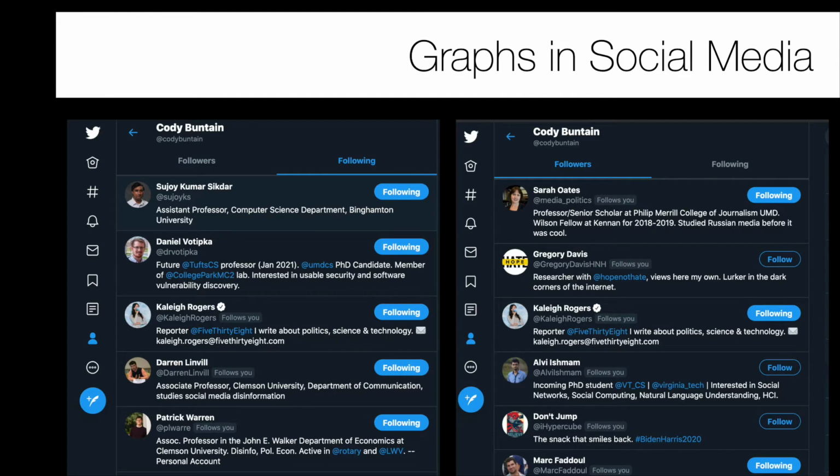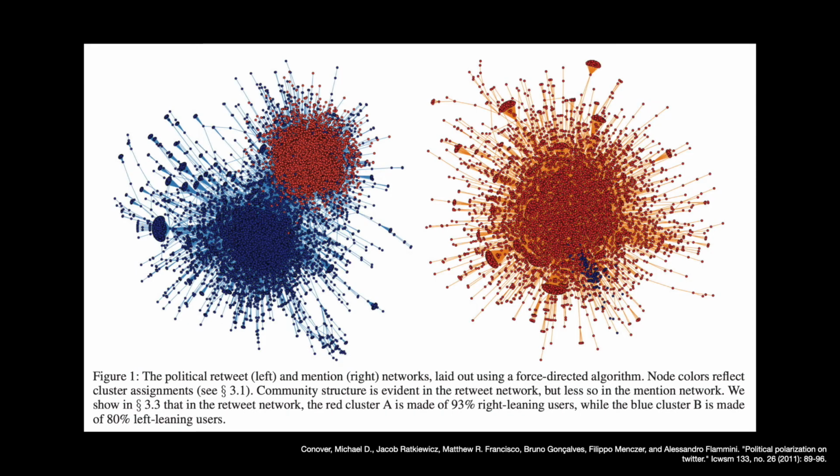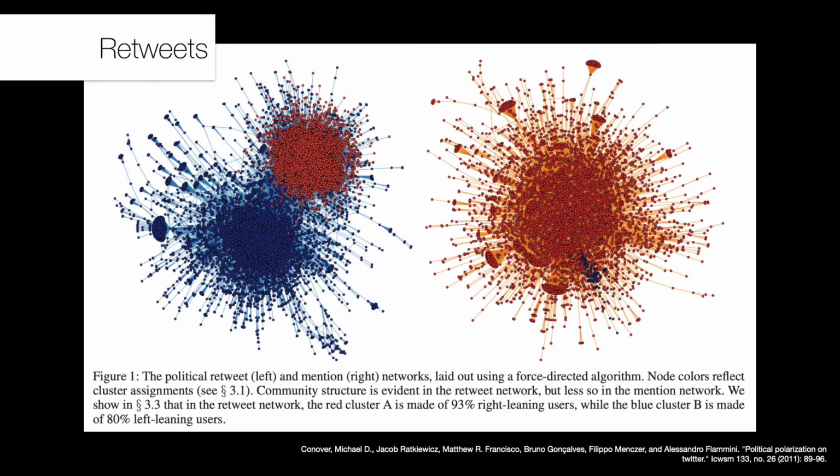So Twitter itself has a social network, which has a lot of information about political ideology, for instance. So here on the left, we have people who retweet each other. All of these dots represent users in Twitter, and lines between them represent whether somebody has retweeted another person. On the right, we have a similar graph, but instead of retweets, it's about mentions.